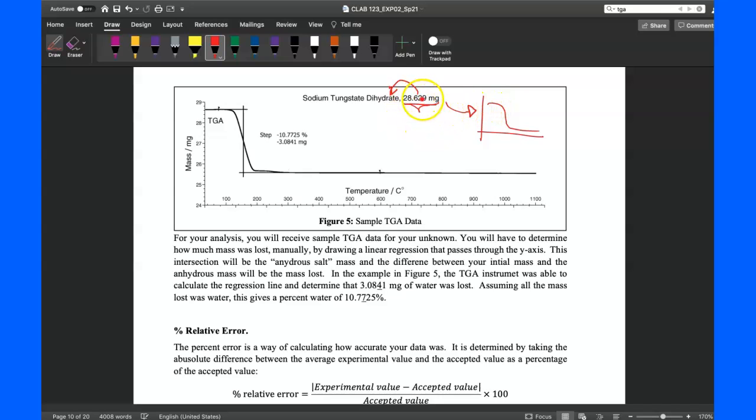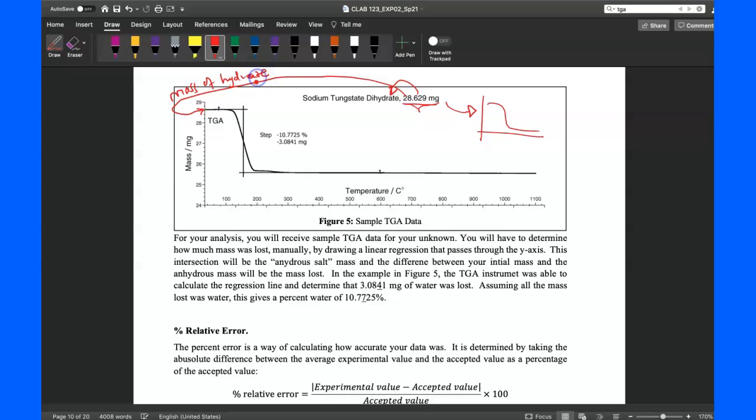So this is the mass of the hydrate, and it so happens to be this reading right there. Please note that that's the mass of your hydrate before you heated it.